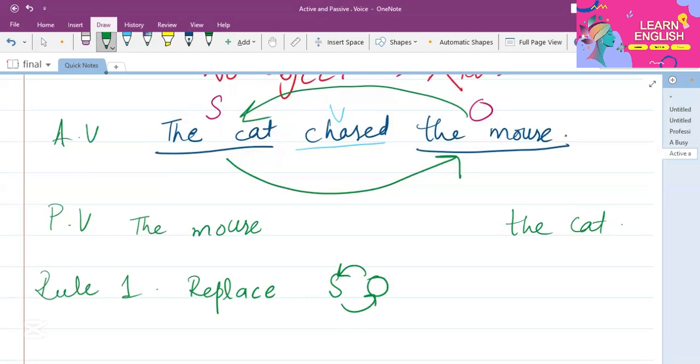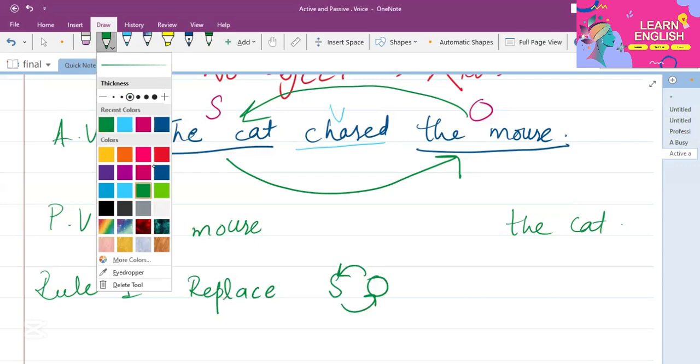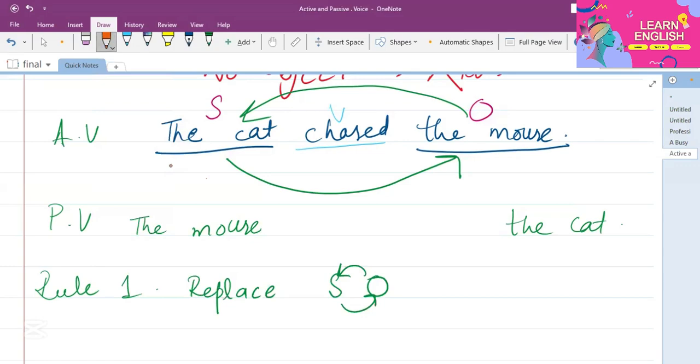All right. So rule number 2. Let's take orange color. Rule number 2 is remember that when you are changing the position of the subject, there must be a connector over here that is going to connect it with the verb and all the stuff.